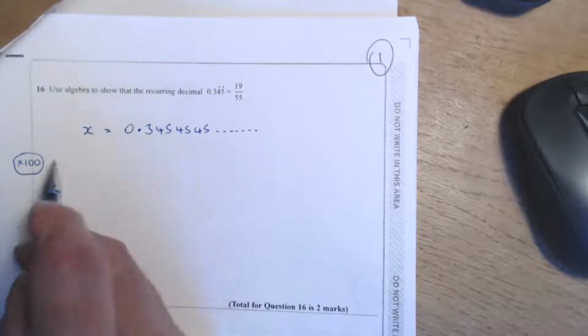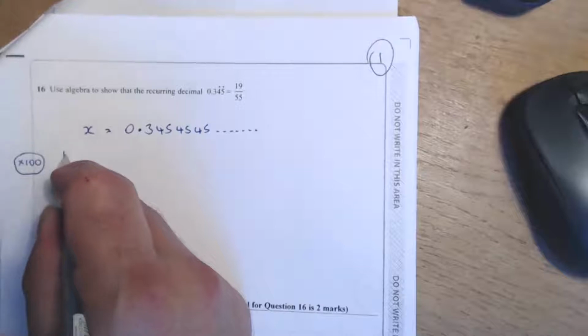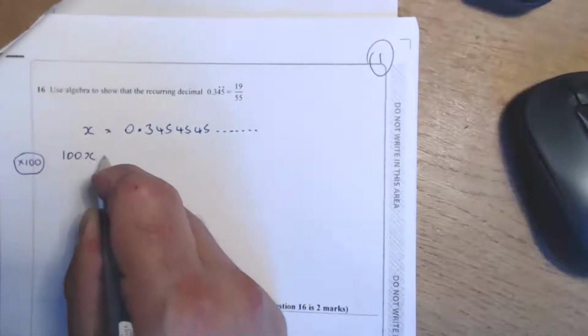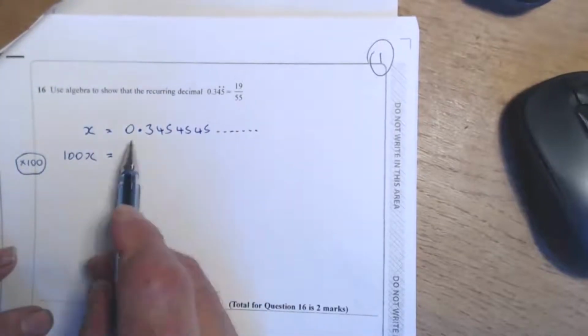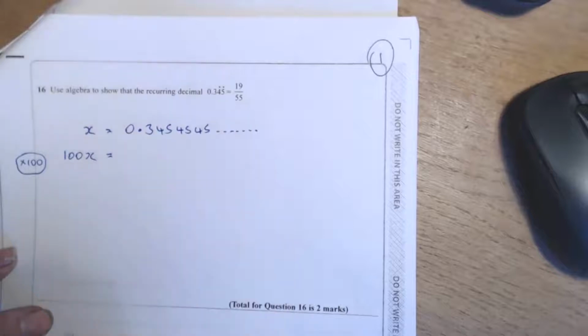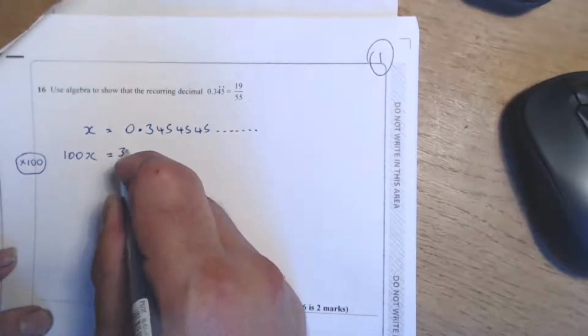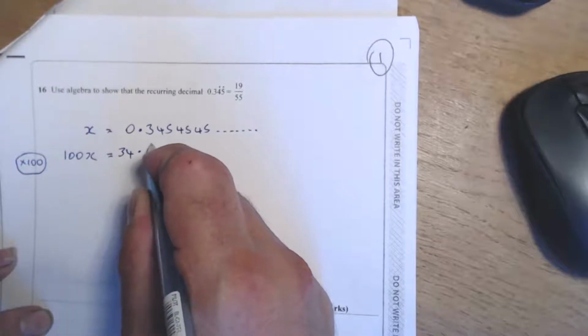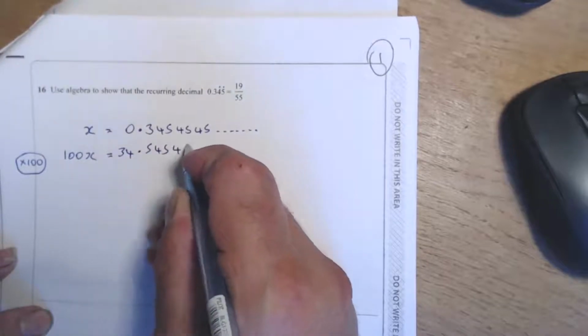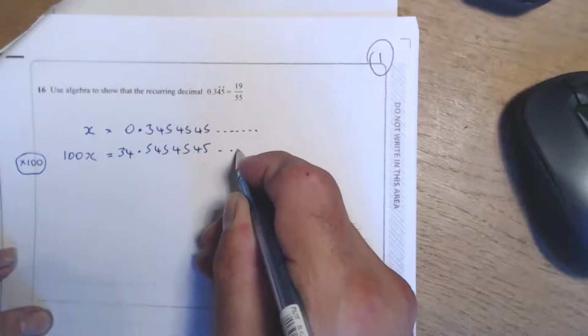So if we multiply x by 100, we get 100x. And if we multiply the decimal by 100, everything moves over 2 places. You get 34.5454545, and so on.